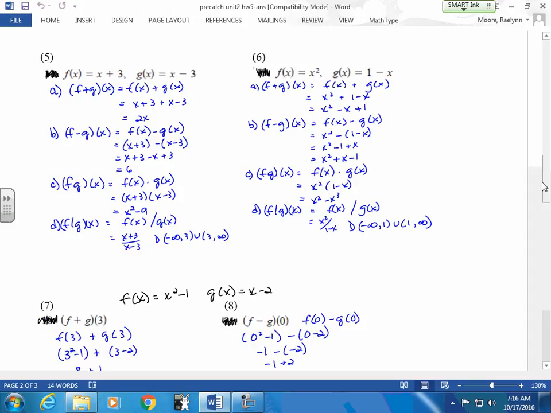When you subtract, watch that minus sign. You're subtracting the entire thing, not just the first term. So negate each piece. Combine your like terms. Multiply, distribute it out. And when you divide, you can leave it like this. You don't have to rationalize anything. But you do need to give me a domain restriction.